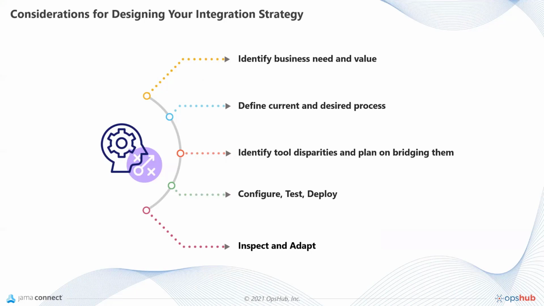So that's another benefit to using an integration platform like OpsHub Integration Manager, where you can configure the integration the way that your particular organization needs it, and be able to inspect and adapt over time how those integrations work.